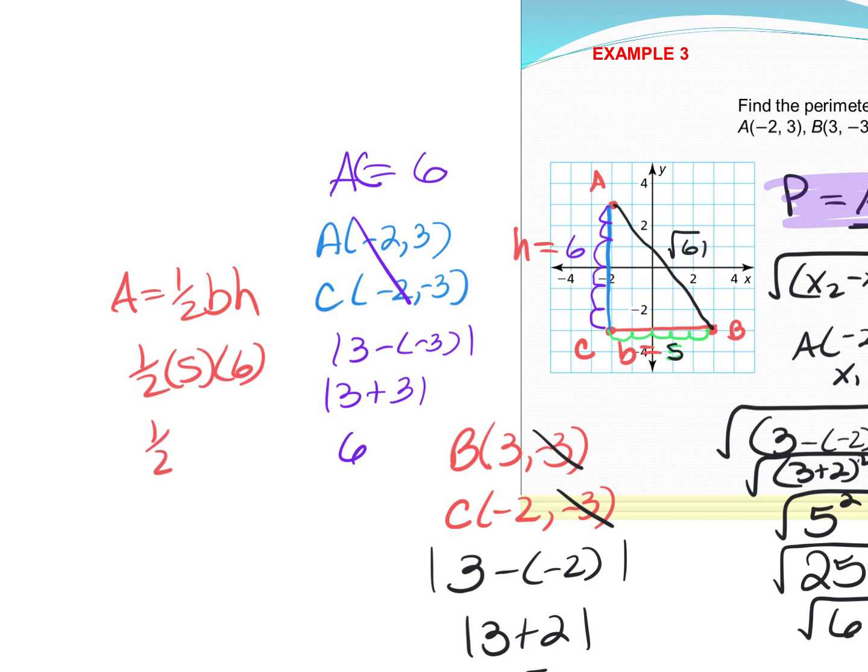And again, you could multiply the 5 into the 6 and get 30, and then the area would be 15 square units. The area questions are going to be a little bit easier because the height is always going to be a vertical line.